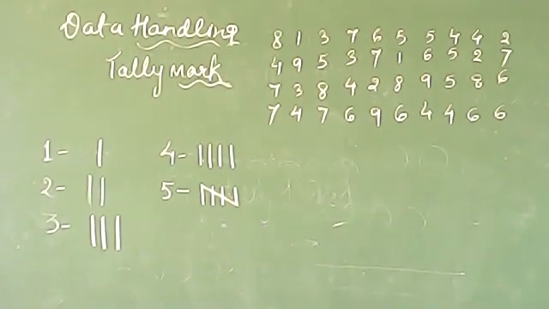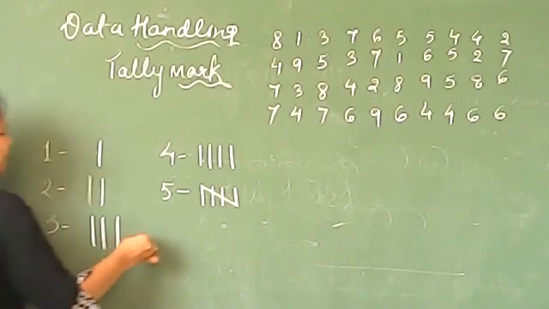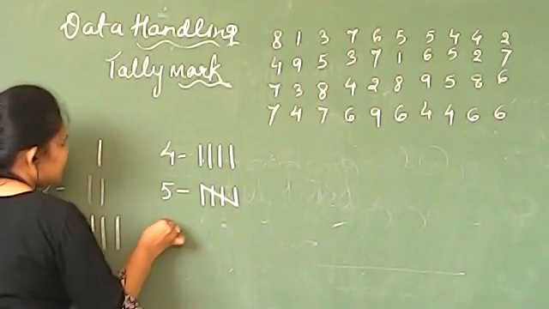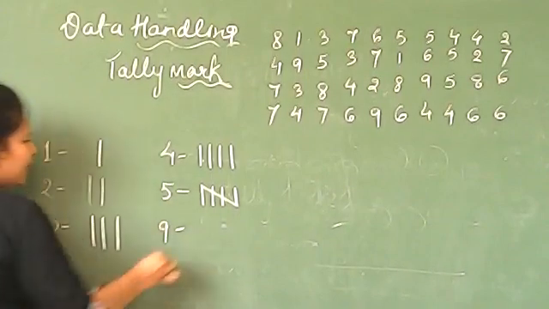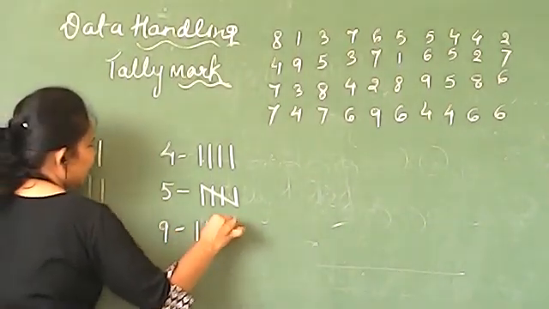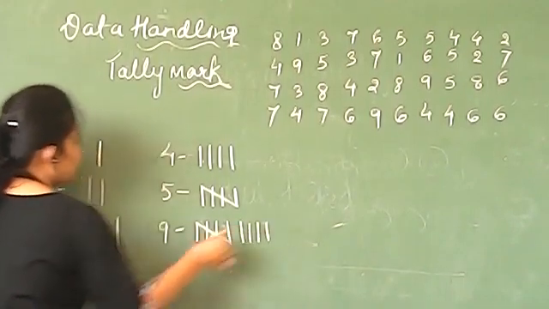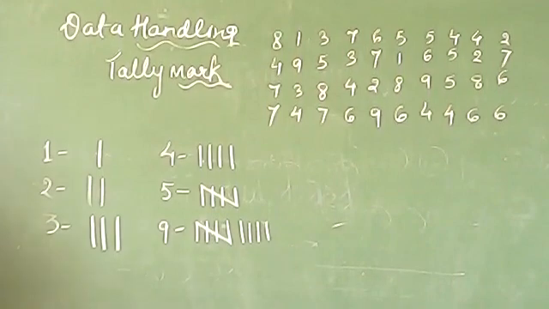This is representing 5. In the same way, suppose I am representing 9. How will you do that? 1, 2, 3, 4, 5, 6, 7, 8, 9. So this is now 9.